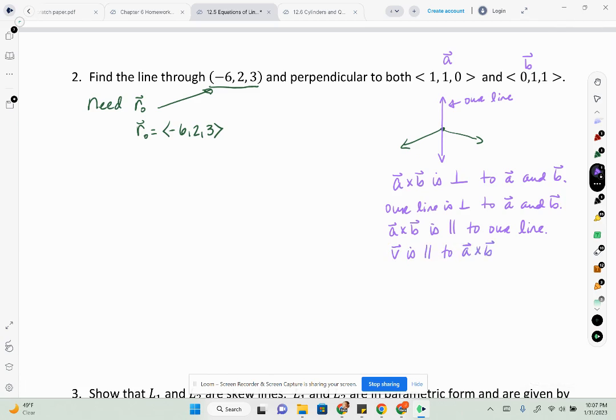Now we need a direction vector that is parallel to our line, and we actually don't have one. They didn't really give us enough information to just find one other than to use A cross B as V, our direction vector.